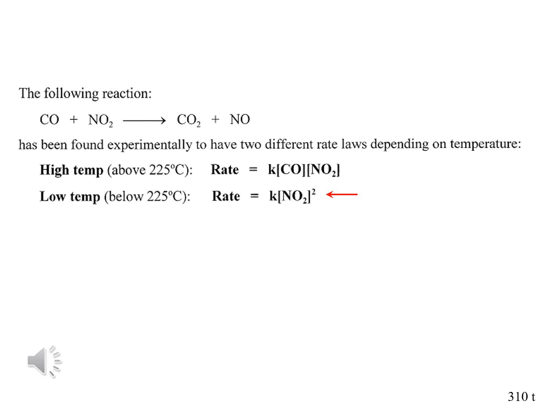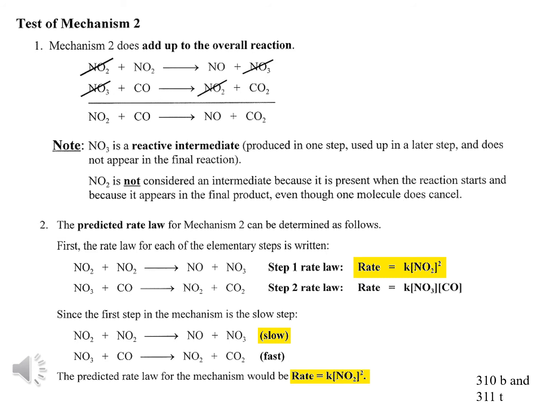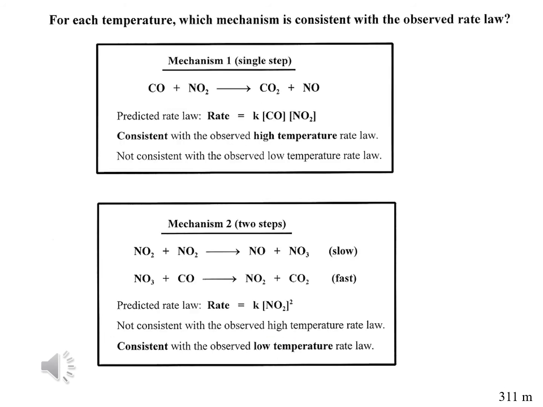The low temperature rate law, NO2 squared, is the one that's predicted by mechanism 2, as it shows in this slide which we looked at. That's the reason why people have come to the conclusion that this reaction occurs according to mechanism 1 at high temperatures and mechanism 2 at low temperatures.